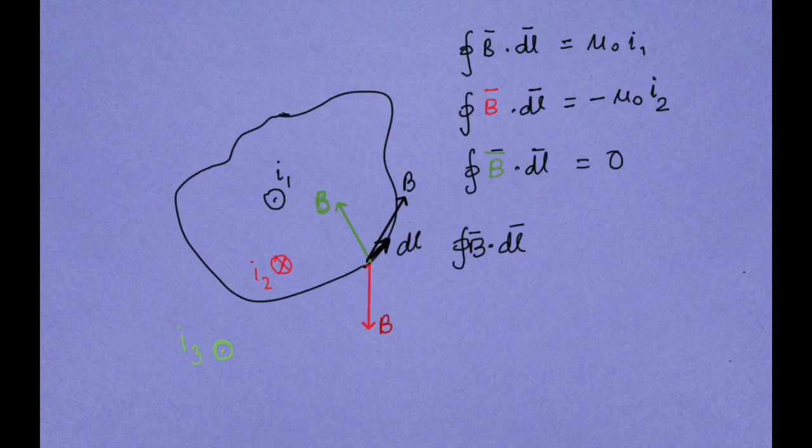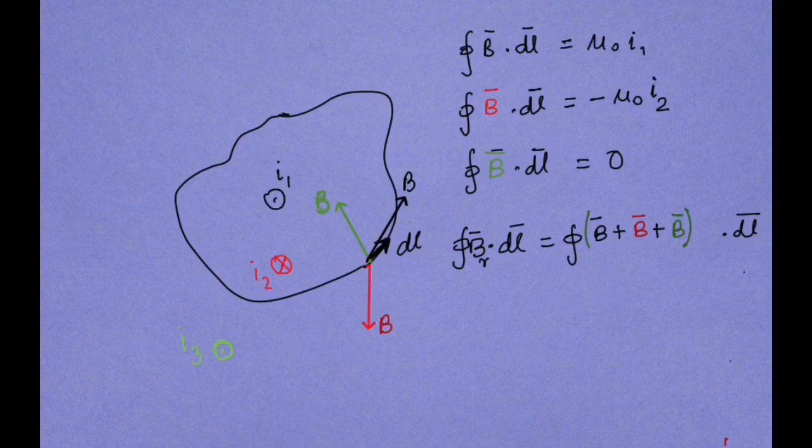Now suppose all currents are present at the same time, I1, I2 and I3, so all will produce their magnetic fields individually, and the resultant magnetic field is B resultant. So the integral of B resultant dot dl will be equal to, B resultant can be written as the vector summation of the black B, red B and green B. The black B is the B caused by current I1, the red B is caused by I2, and the green one is due to I3.